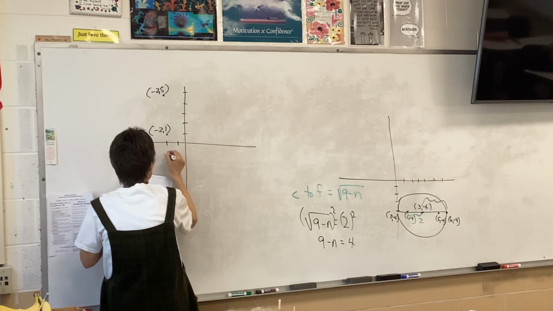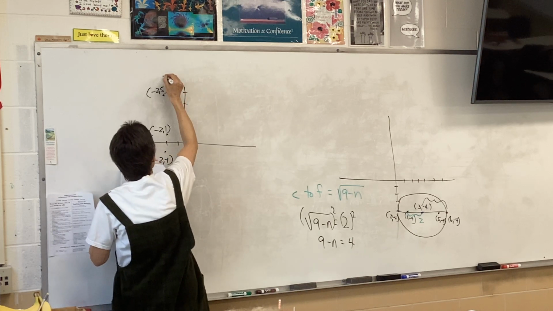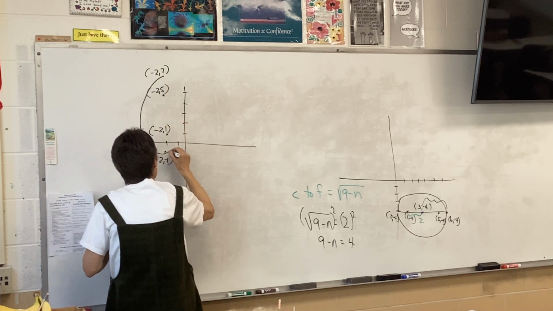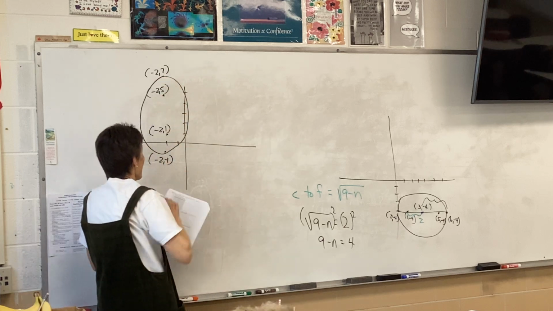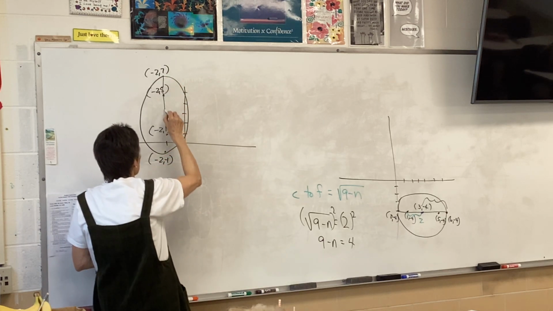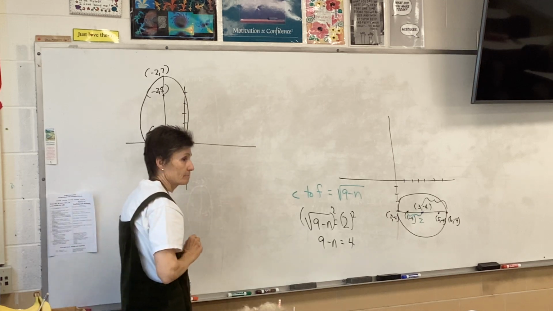And (-2, -1) and (-2, 7) are vertices, the endpoints of the major axis. So this is my major axis right there.